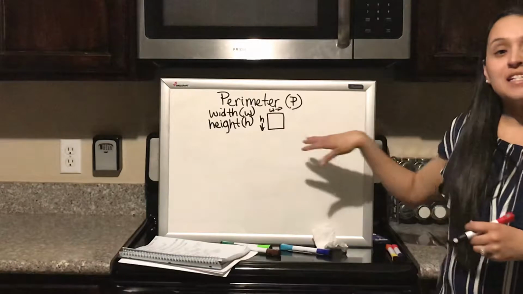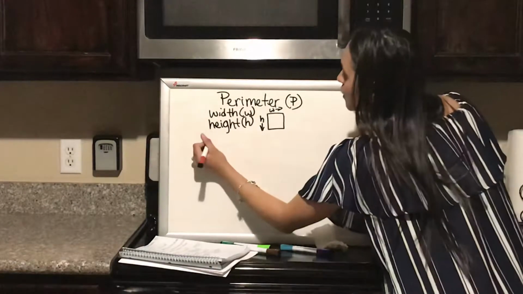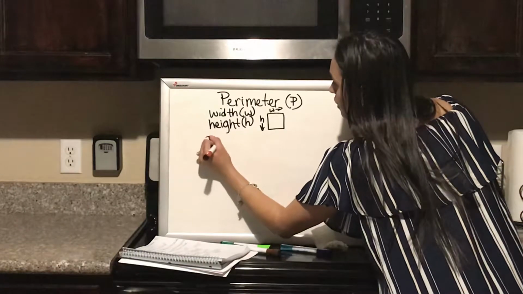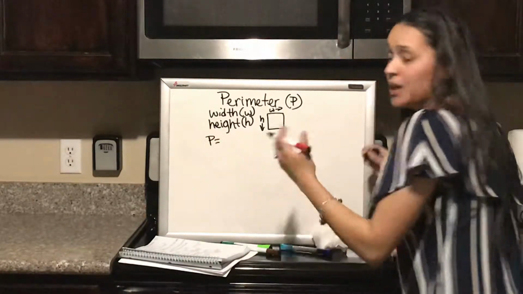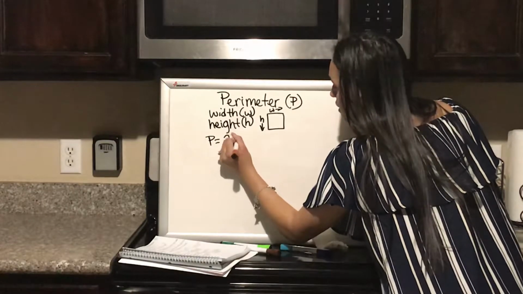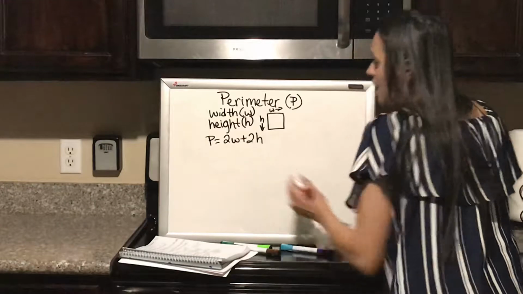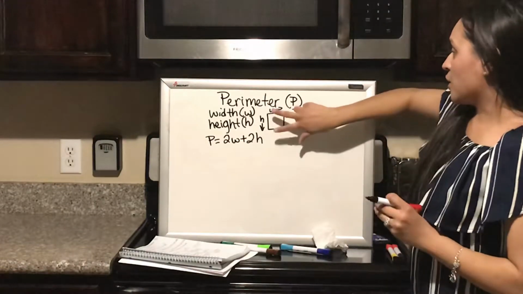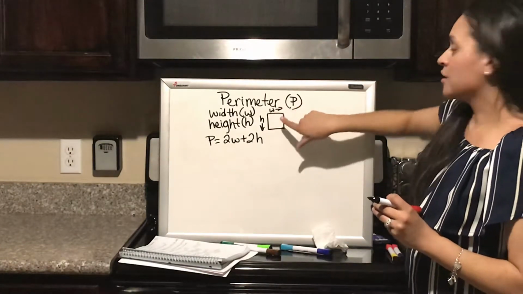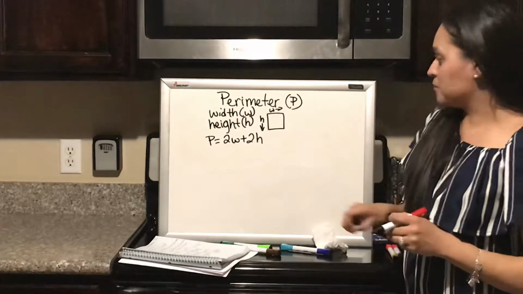Since we're measuring distance around the shape, our formula will be P equals 2 times W plus 2 times H. Since we want to know the width plus the width plus the height plus the height.